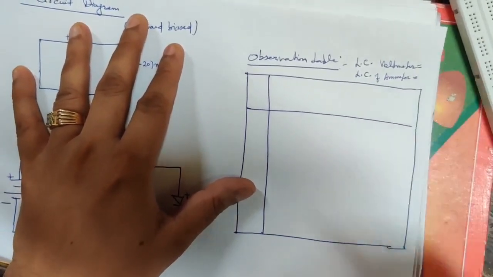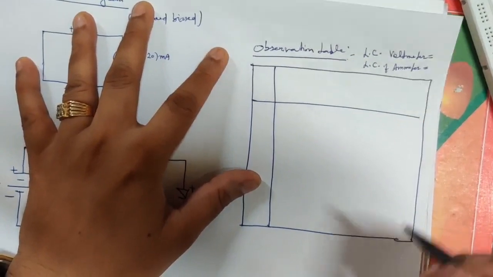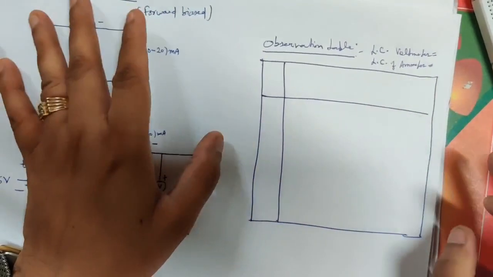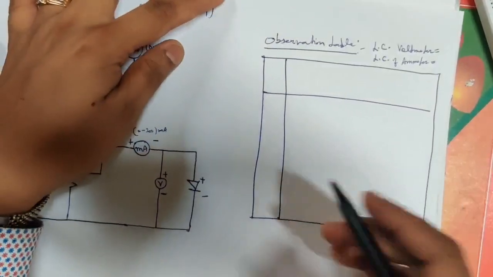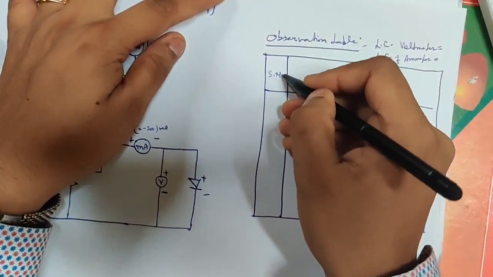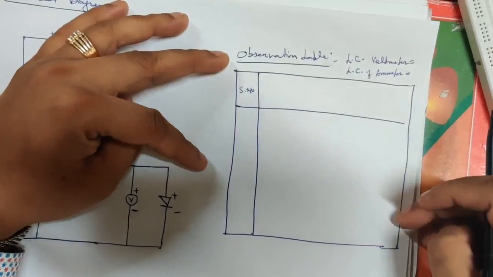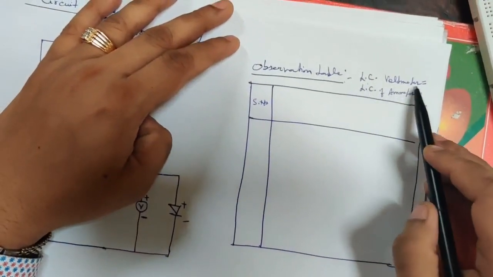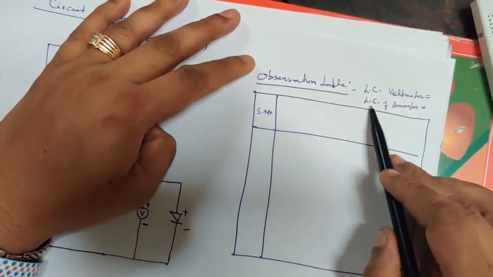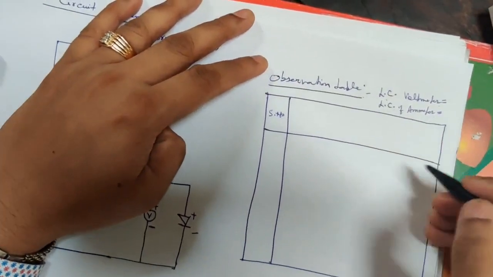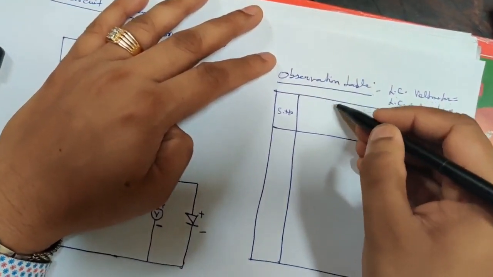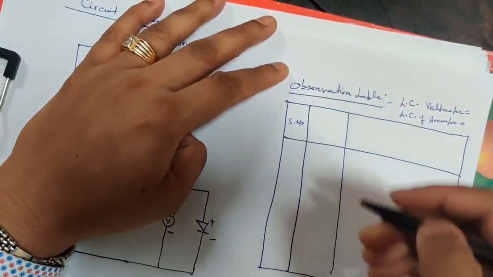It is a very, very important thing, right? If you don't know the least count, you cannot perform the experiment at all. So please, before taking the observations, note down the least count of the voltmeter and the ammeter as well.